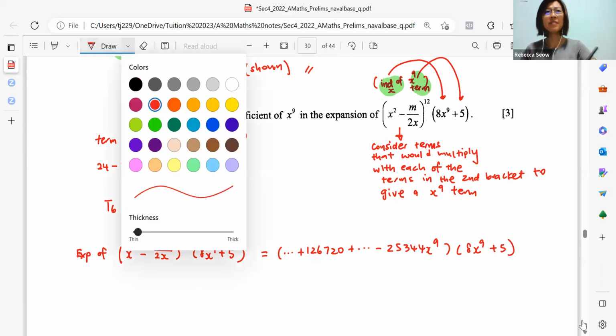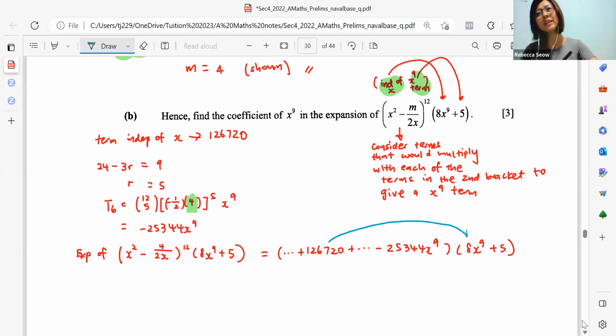And from here, if I were to do the rainbow method, only the product of two terms, one from each side, actually works out to give you x to the power of 9.